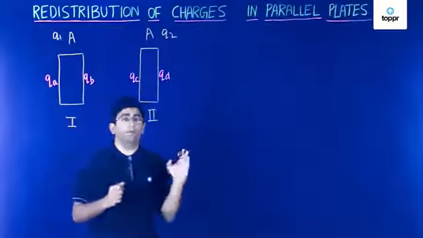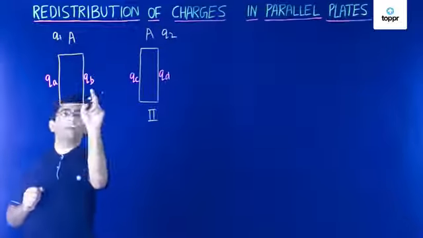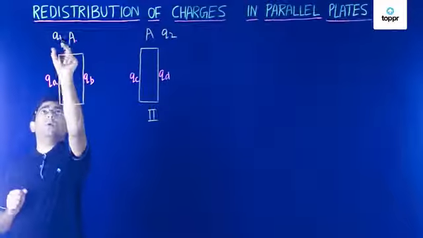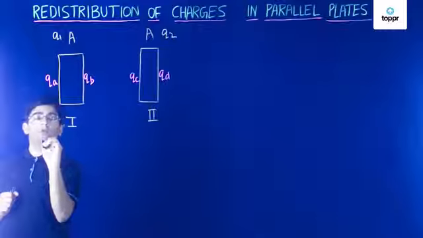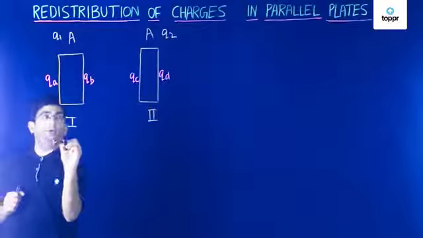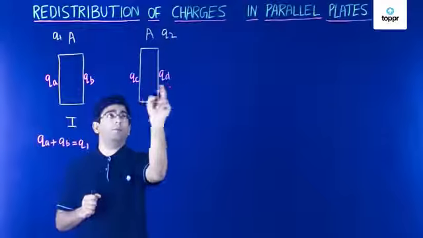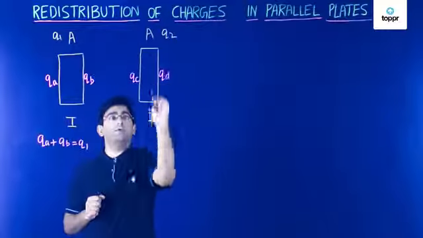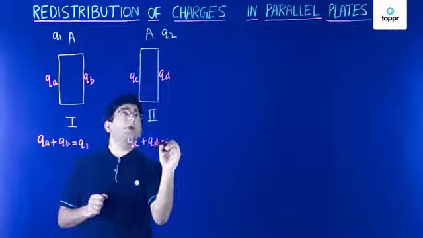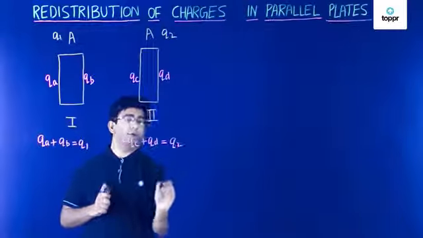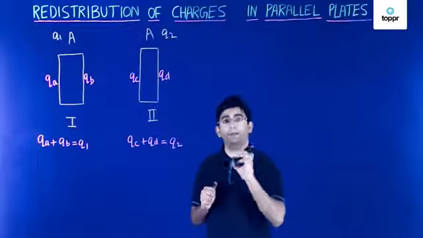So this happens after the charge redistributes among themselves. Now QA plus QB has to be equal to the original charge given to this plate, which is Q1. So we can write QA plus QB is equal to Q1. Similarly, QC plus QD is equal to Q2.